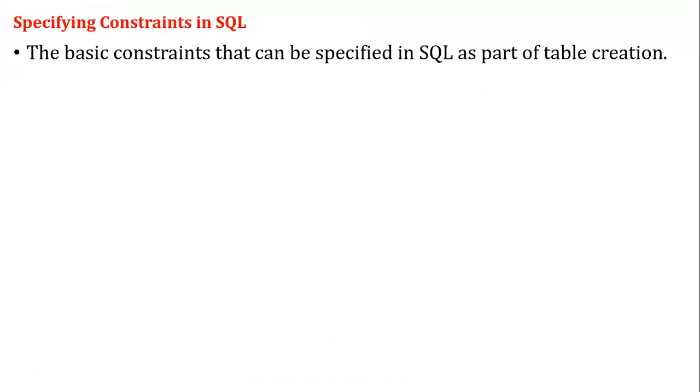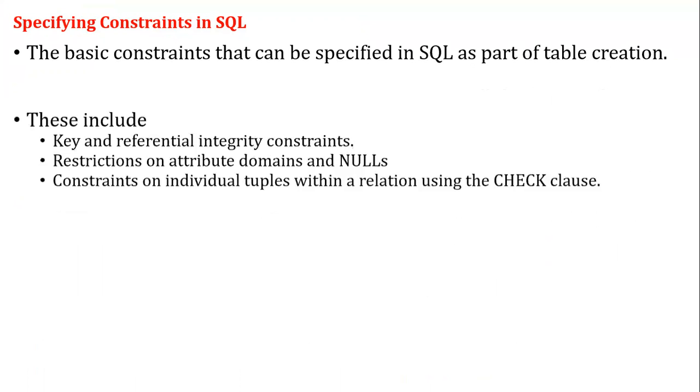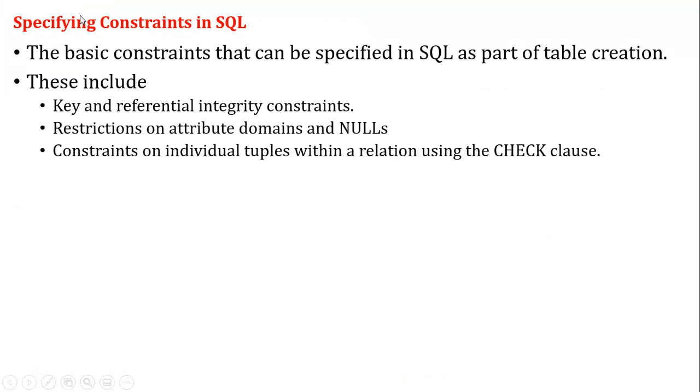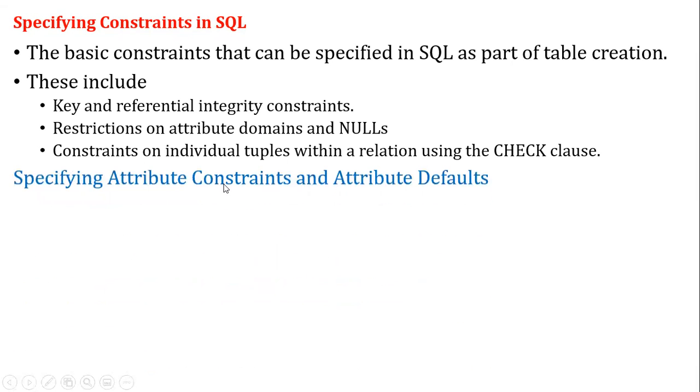But a database allows some constraints as part of table creation. The basic constraints include key and referential integrity constraints, restrictions on attribute domains and null values, and constraints on individual tuples. So we can have table level constraints and row level constraints.